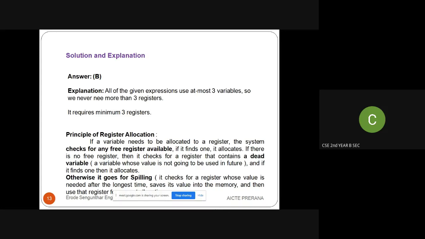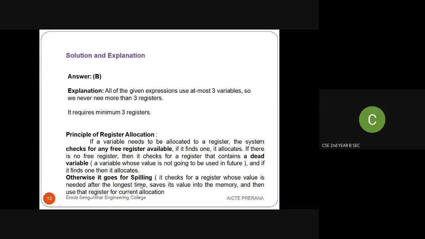So then it checks for a register whose value is needed after a long period of time, saves its value in memory, and then uses that register for the current allocation. Suppose no dead variable is available and there is also no free register available, then we move on to the process of spilling.